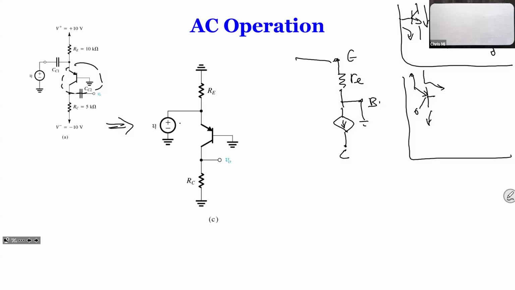One is your RE to ground, and then the other one is your voltage source, right? Your voltage source is also connected there. And then last, we look at where the collector is connected. The collector is connected to RC to ground. And where's your output? Your output is at the collector, way over here.